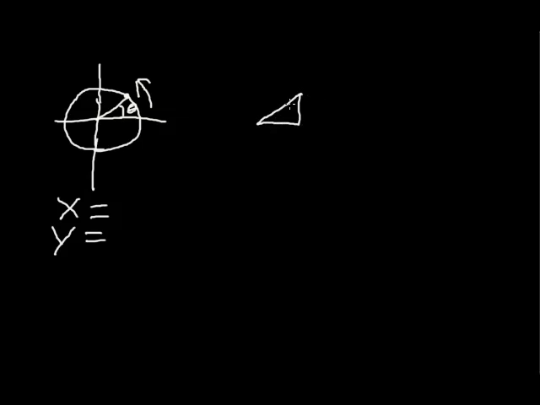We know that given an angle theta and radius r, the x-coordinate of this point is going to be r cosine of theta, and the y-coordinate is going to be r sine of theta. Now, since we're representing a circle of radius 1, this will simplify to cosine theta and sine theta.